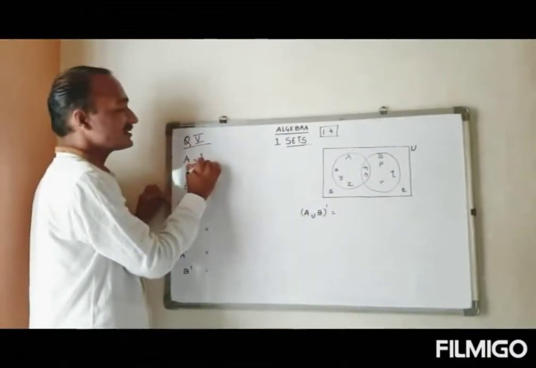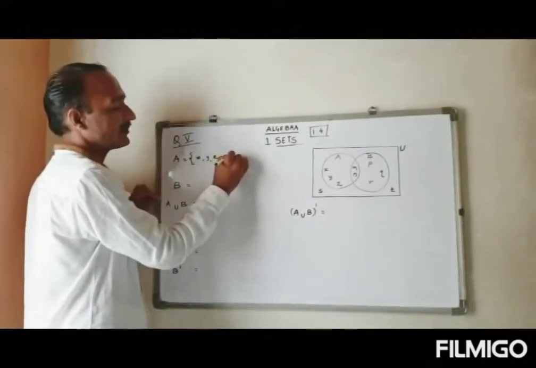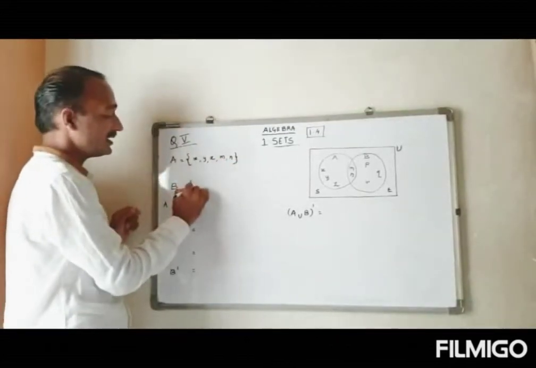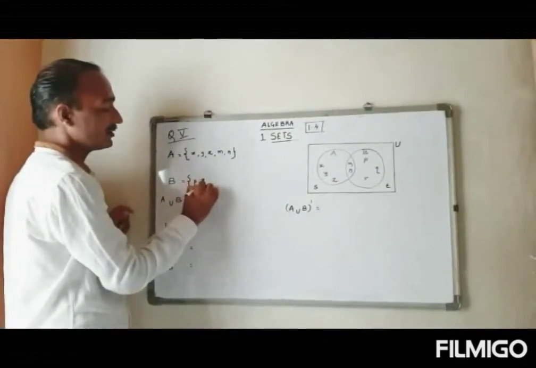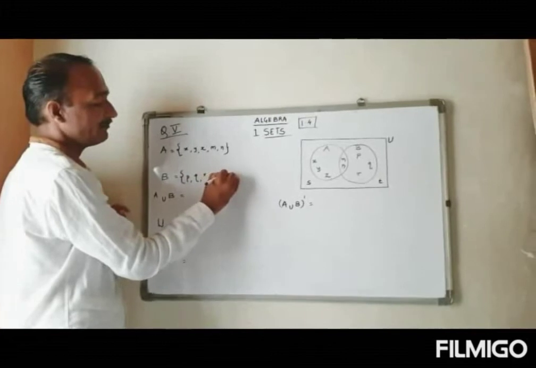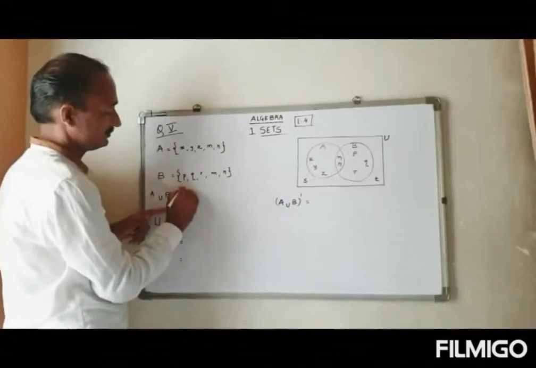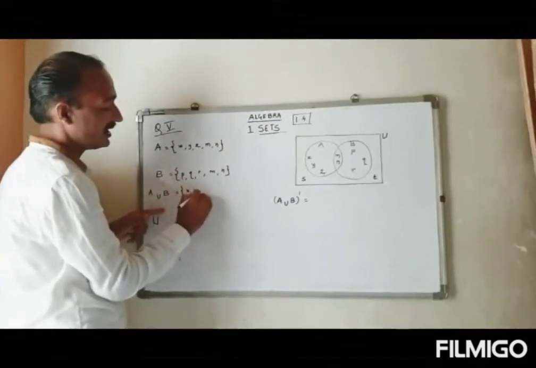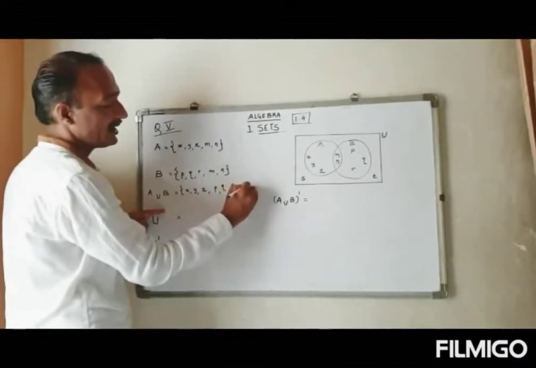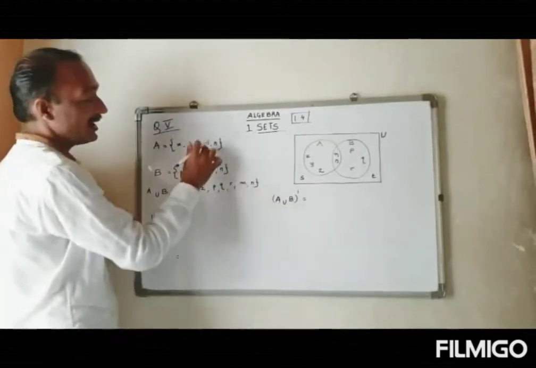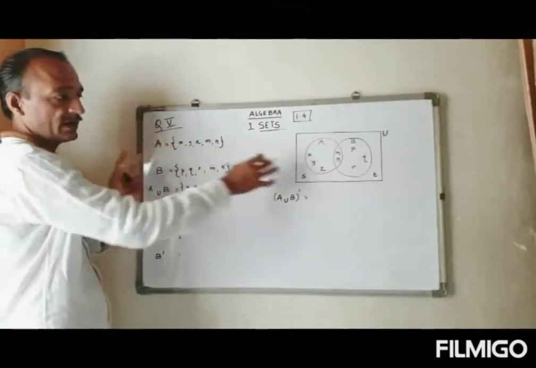So A is the set of X, Y, Z, M, and N. B is the set of P, Q, R, M, N. A union B, both together: X, Y, Z, P, Q, R, M, N. M and N are in both, that is the intersection, common between these two.